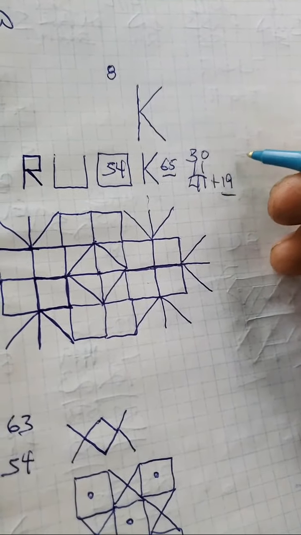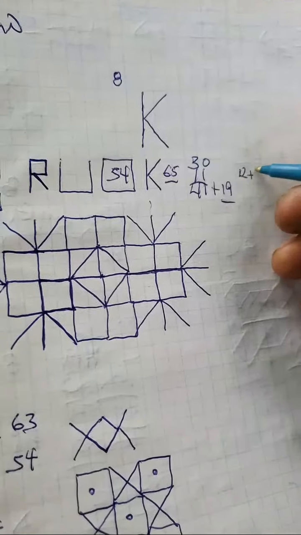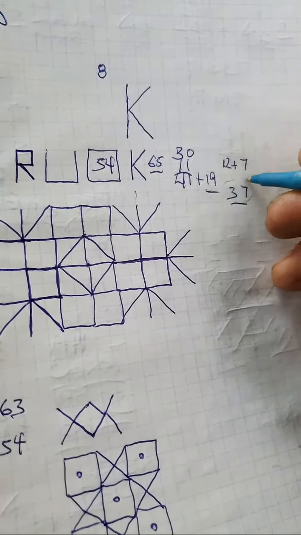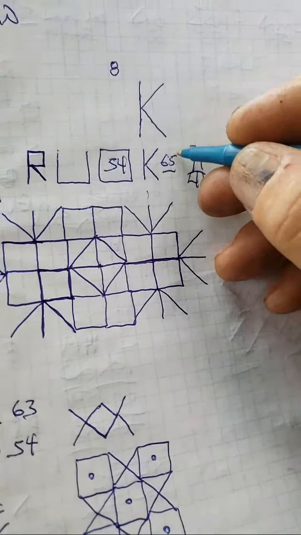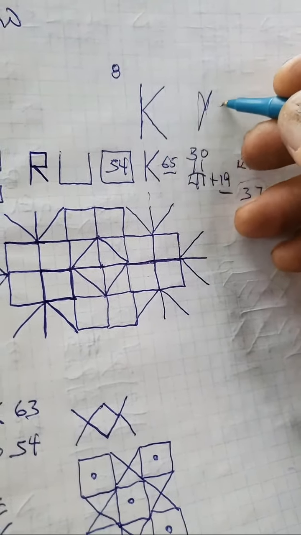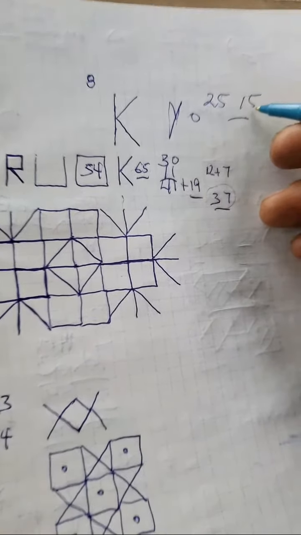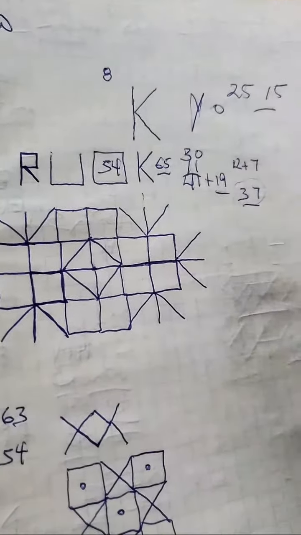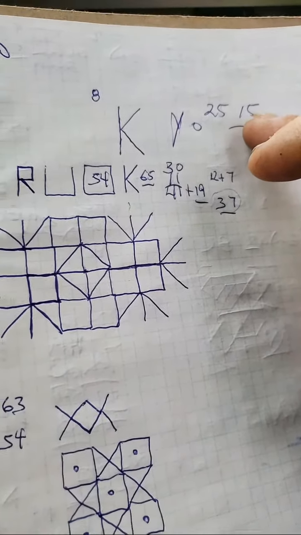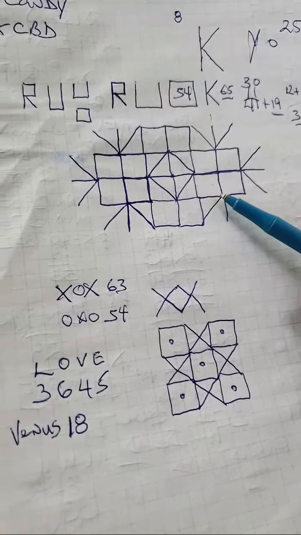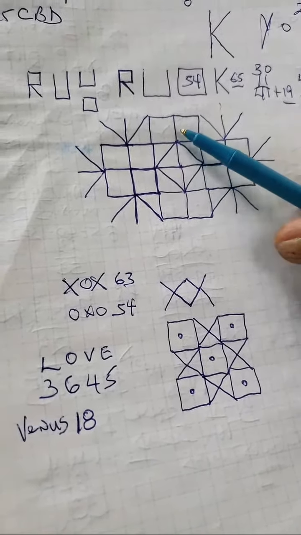And 3 times 4, 3 plus 4 is 12 and 7, or 37 if you want to look at that way. And this also is for Nibiru, the red sun. This I like to call Y-O, the 25th and the 15th letter, Earth 25, the blue world, and Mars 15. This over here is R, U, O, K.